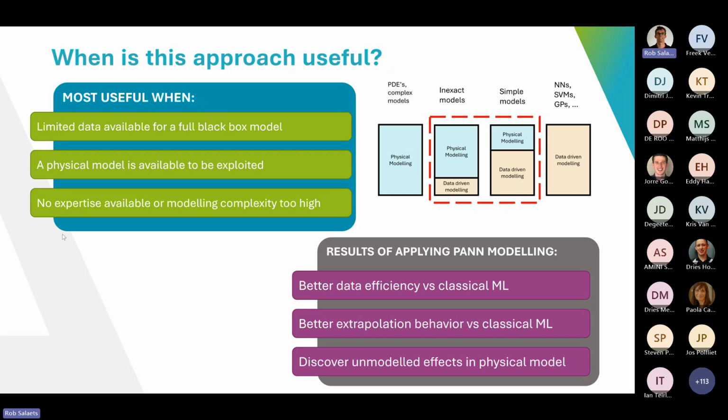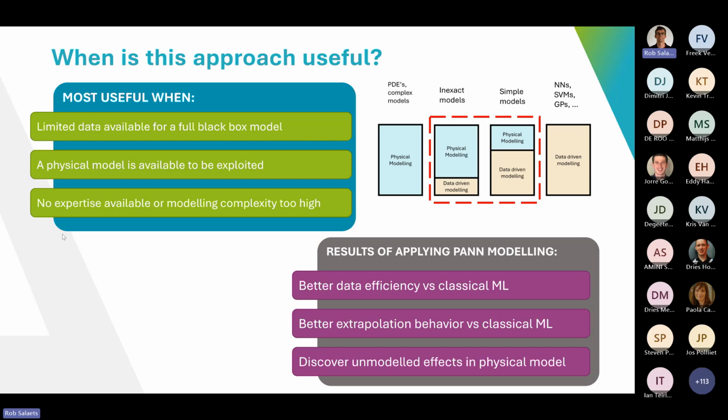What are the results you can expect from this? Well, you can expect a better model for less data. That's already in the title of the talk, leverage the limited amount of training data. You can expect better extrapolation behavior, because your physical laws are still in there, and the extrapolation will then also have these physical laws in it.